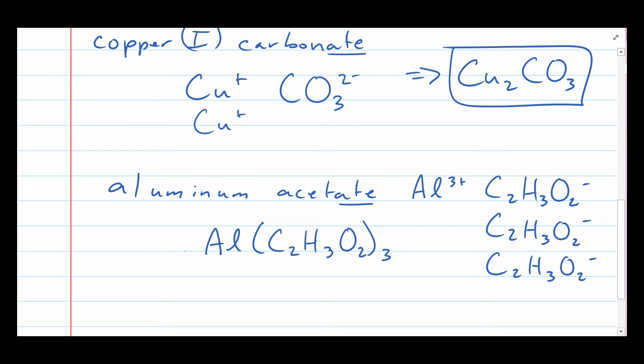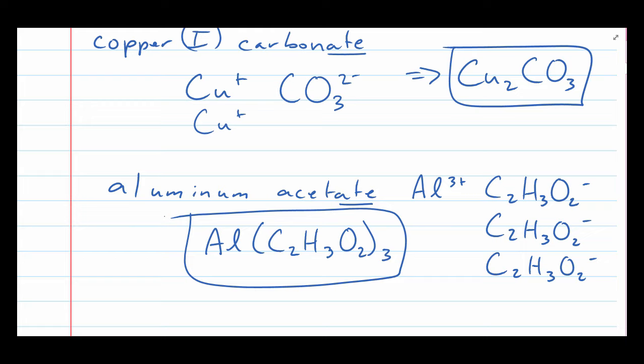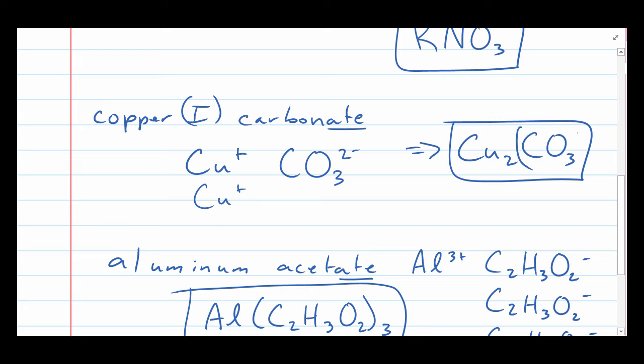Now what these parentheses do is this. We've not used them before, but whenever we have more than one of a polyatomic ion, we place that polyatomic ion in parentheses, and then a subscript outside of those parentheses to indicate how many of that particular polyatomic ion we have in there. If you had a high school teacher that allowed you to put parentheses in there like this, that's wrong.